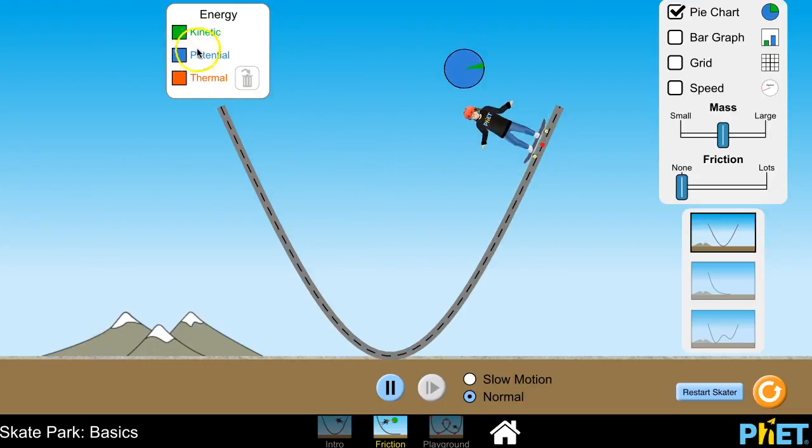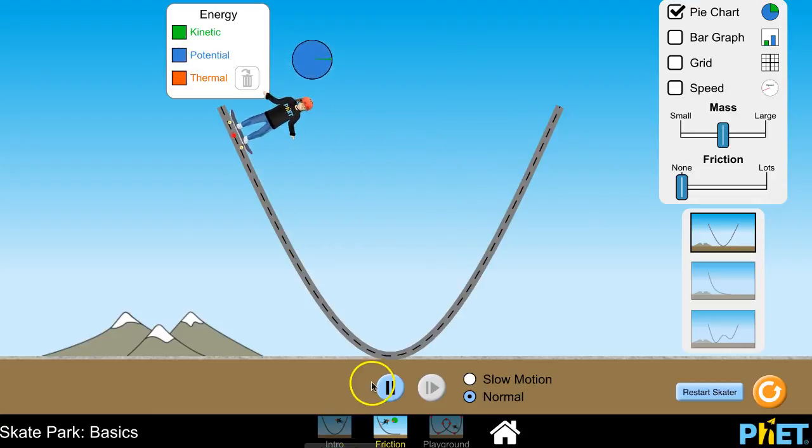We have to include the Earth because she has gravitational potential energy because of her proximity to Earth. If she was in space or nowhere near a planet and there was no gravity, then she wouldn't have gravitational potential energy. So this exists because the system includes the Earth.